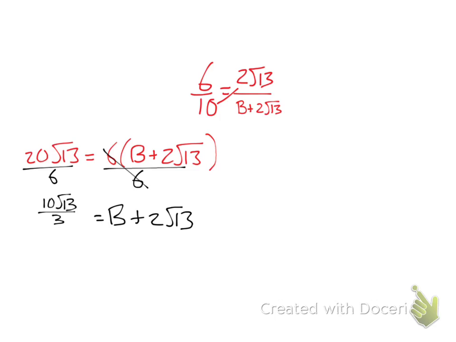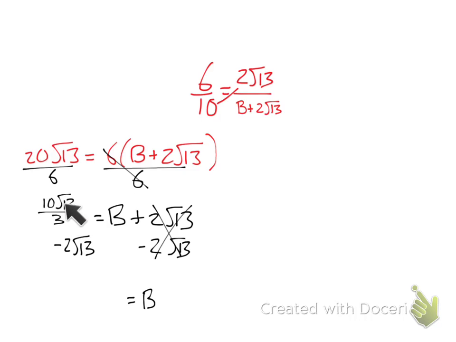And now all you have to do is get b by itself by subtracting 2 square root 13 from both sides. These cancel. B will equal, now here's the problem. These things don't have common denominators.